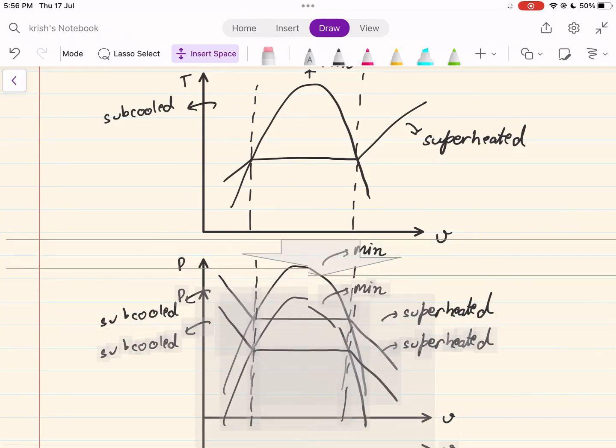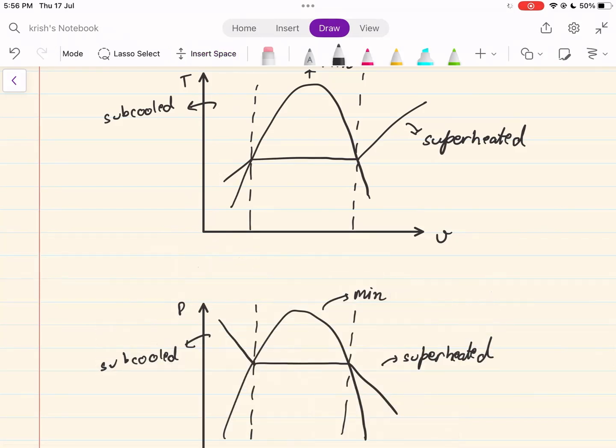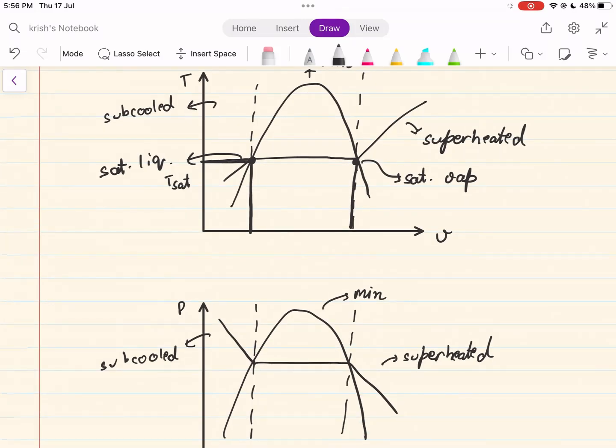Alright, now I'm gonna teach you something important. Look at these points, the points at which the liquid is a saturated liquid and a saturated vapor respectively. They have a value corresponding on the T axis, which we called Tsat, but they also have two different values corresponding on the v axis, the specific volume axis.